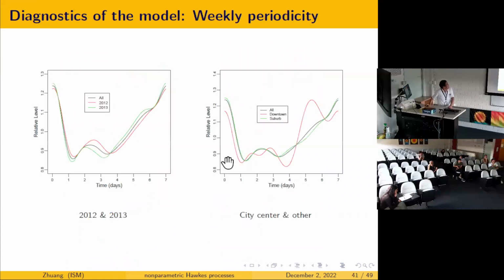We also check the weekly effect. The first year and second year are almost no different. We check the city center and the suburban regions, and we found that in the city center, the weekly effect is very significant, based on Friday evening. So why is Friday high?